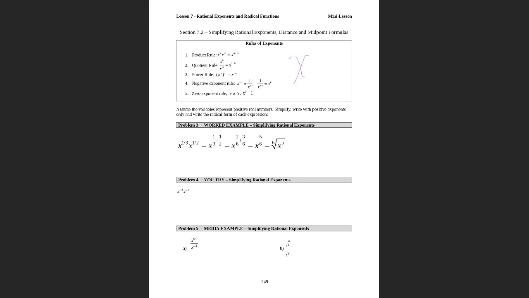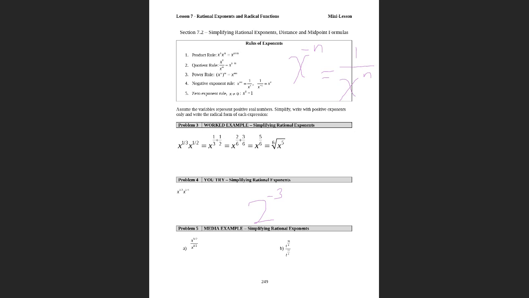Now, what about if I have x to the power minus n? When you have a negative exponent, like 2 to the power negative 3, the rule says this should be equal to 1 over x to the power n.